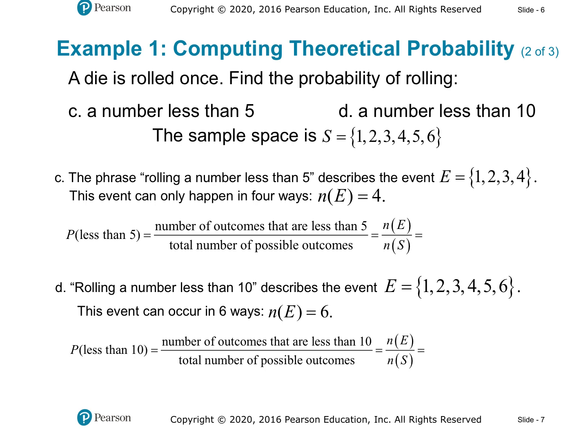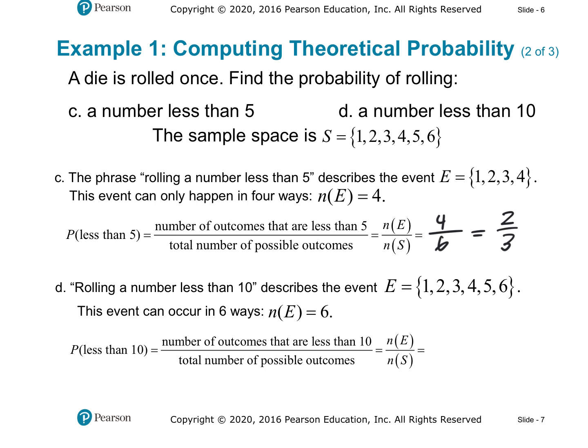Rolling a number less than 5 describes the event 1, 2, 3, or 4. This event can only happen in 4 ways, so your n(E) is 4, and there are still 6 possibilities. So 4 out of 6 reduces to 2 out of 3.